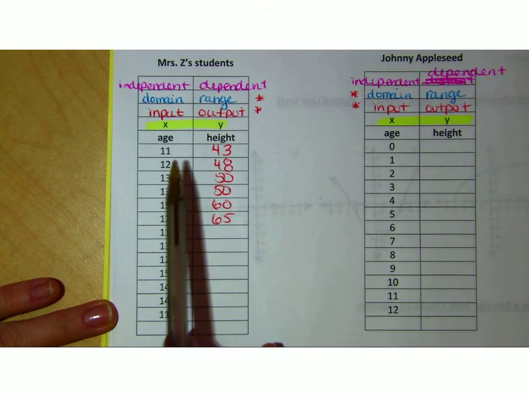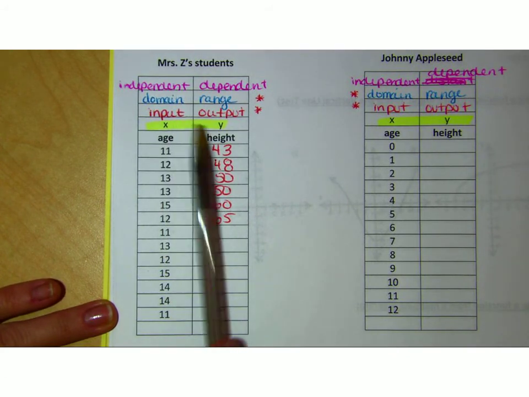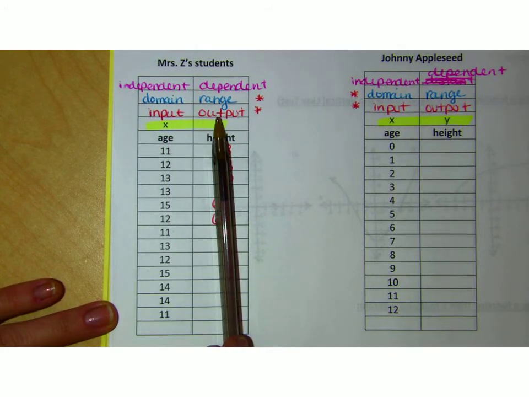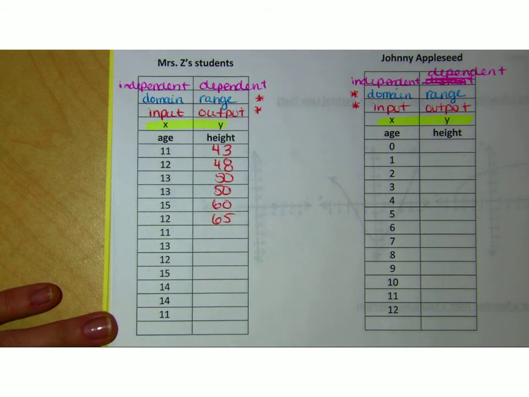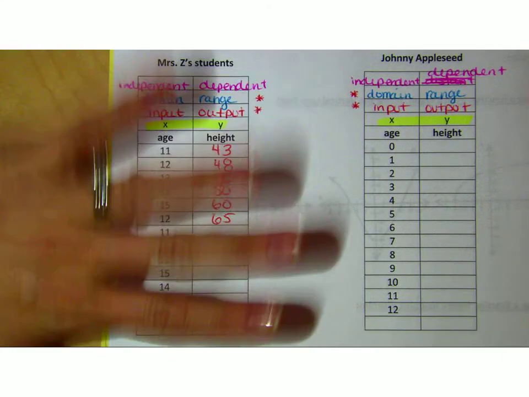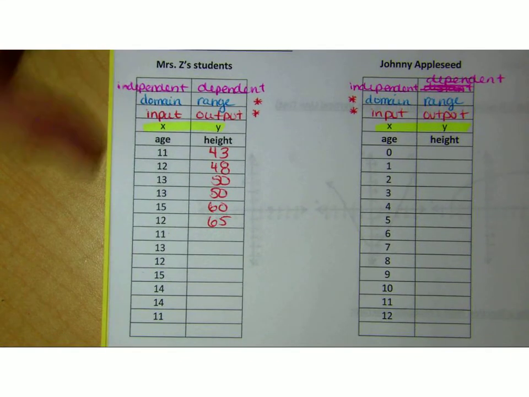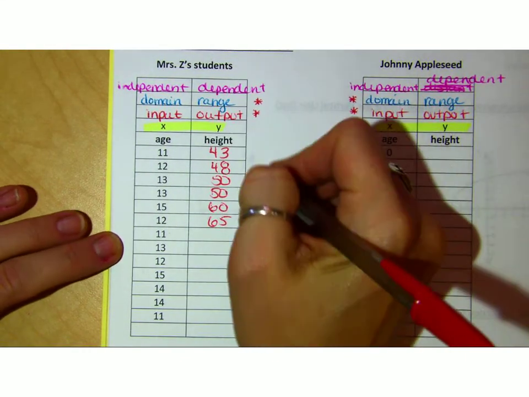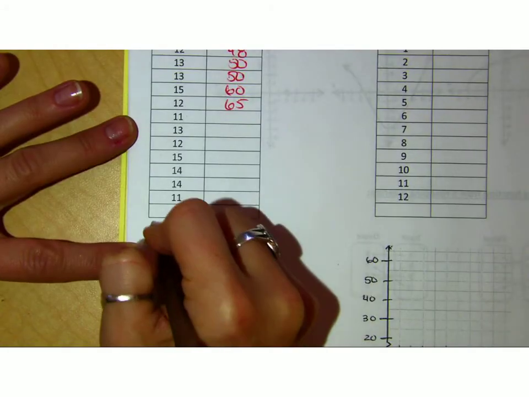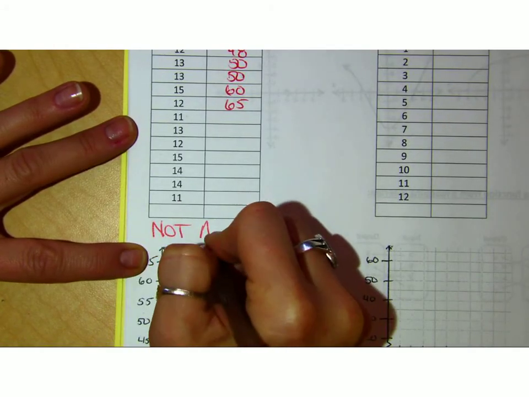Do you think there's a relationship between age and height? Yes. Usually, the older you are, the taller you get until you reach a certain age, and then you're 90, and then you start shrinking, right? Because your bones compress and all that stuff. We can talk about what this looks like as a graph, but for right now, I want you to put right next to it, not a function, and we'll talk about why in a minute.